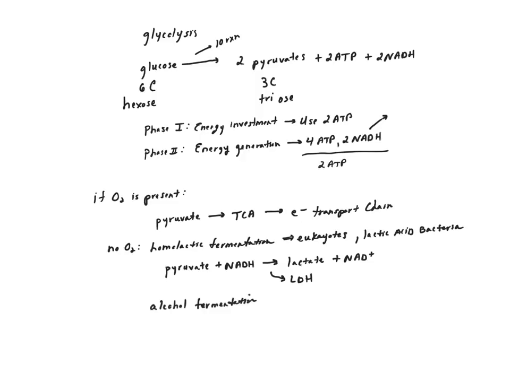Ethanol, right? But how many steps does that take to get there? It's going to be two different steps. We have our pyruvate, and the first step is going to be converted to something. This is also one of the metabolites that cause really bad hangovers.